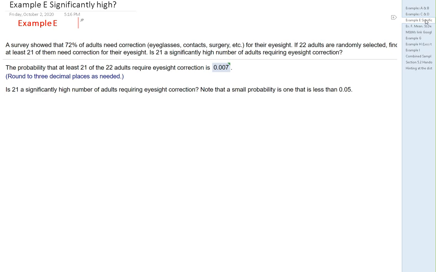If 22 adults are randomly selected, find the probability that at least 21 of them need correction for their eyesight. Is 21 a significantly high or significantly low number of adults requiring eyesight correction? Well, all right, let's see here. Example E.